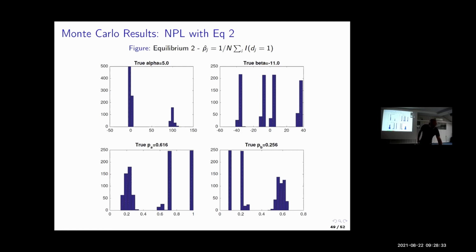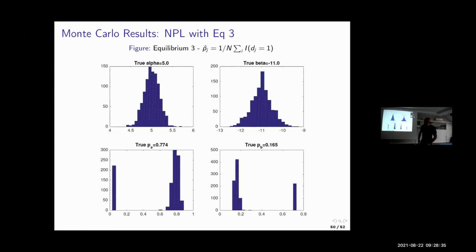But what about equilibrium number three? Is that always working because it is a stable equilibrium? Well, the problem is sometimes you get to the wrong side of the unstable equilibrium and you converge to equilibrium number one. So you get these two different predictions from the model and the structural parameters, where in some cases they actually look pretty okay, but they're predicting different things.